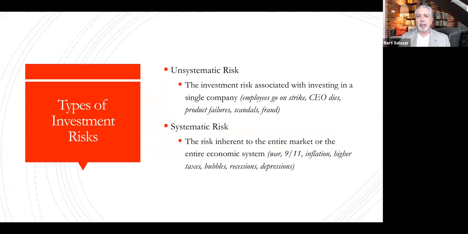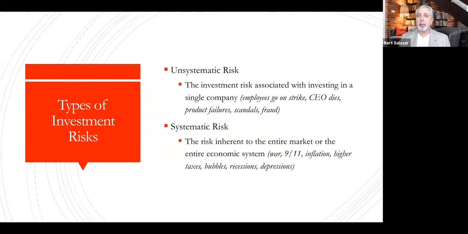Now, obviously, the next risk that I want to share with you is not the unsystematic risk, which deals with one company, but it's a systematic risk. And the systematic risk, as you see there, is the risk that is inherent to the entire market. So the entire market collapses from something that may have happened along those lines.